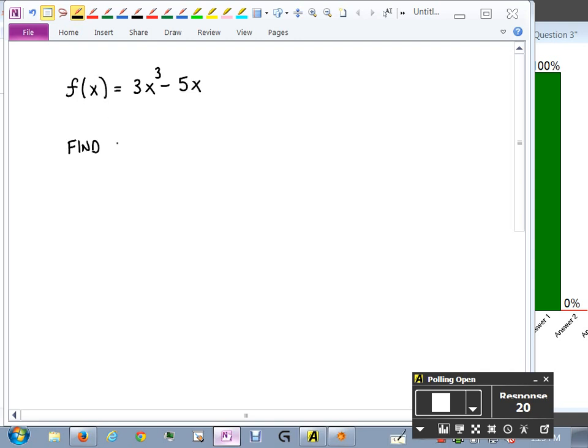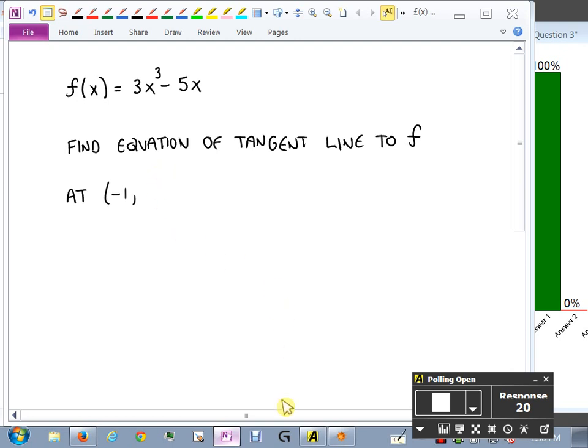Find the equation of the tangent line to that function f at negative 1. What is it? Negative 1. Plug negative 1 in there, you get 2.